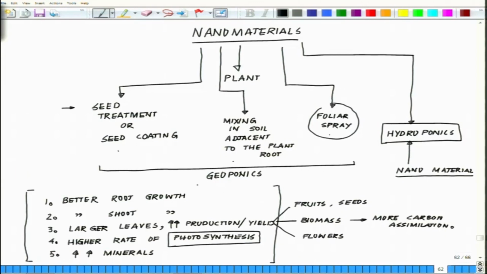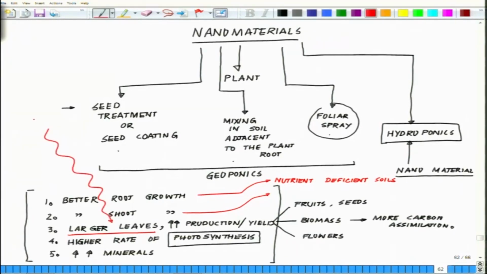So, that is a help for nutrient deficient soils, shoot growth, larger leaves. So, that means higher solar harvesting capability, a better solar cell, a natural solar cell.